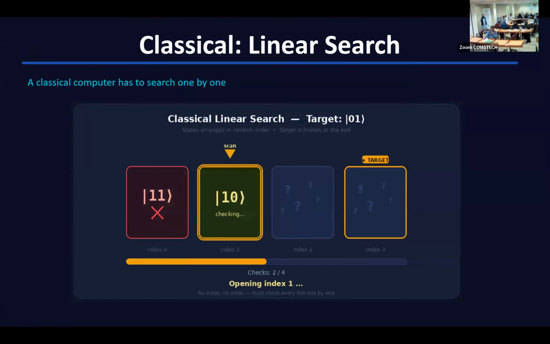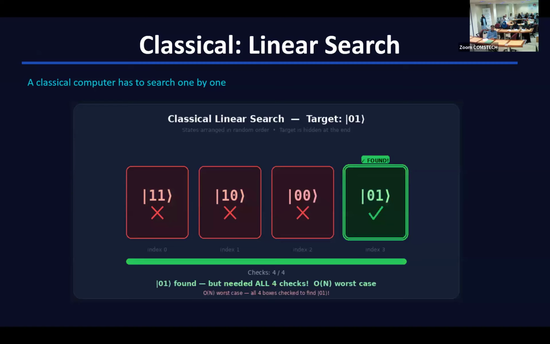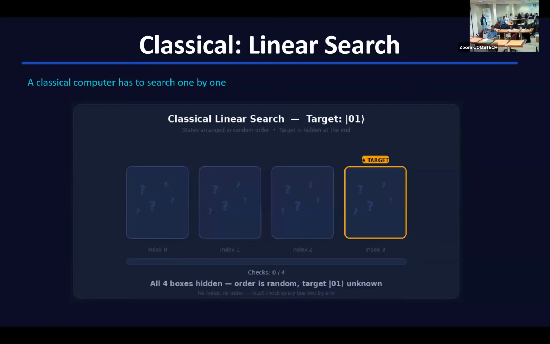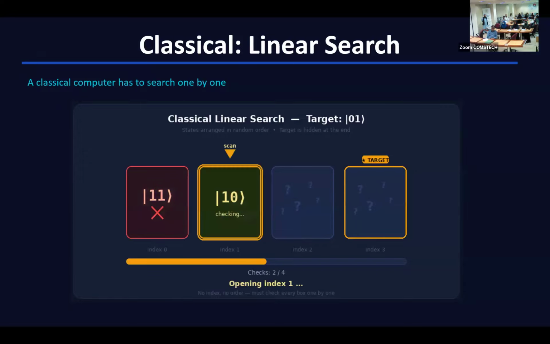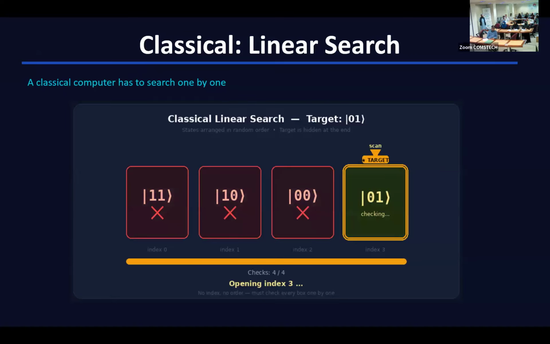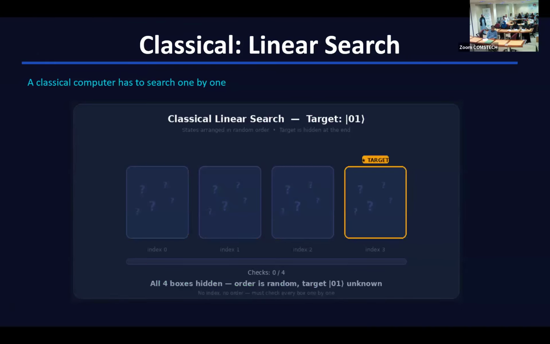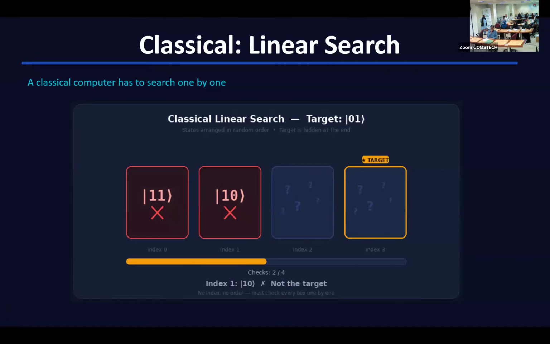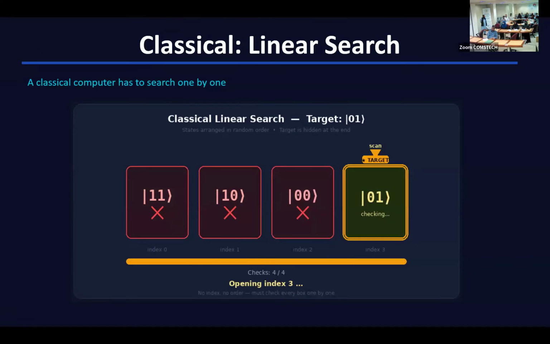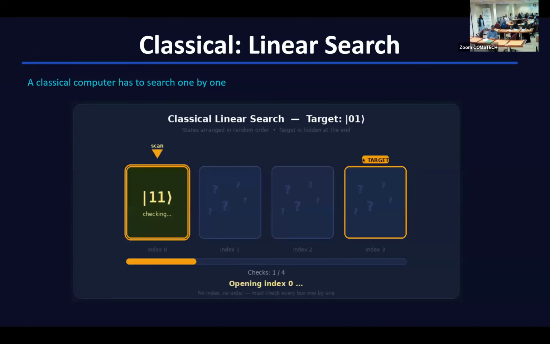Here is an example where we take 2 qubits, that is the states 00, 01, 10, and 11. If we do a linear search for the 01 state, as shown in the picture, we have 4 boxes. We don't know what's lying inside the boxes. We have to search for the state 01. We open each box and see whether 01 is the state there or not.